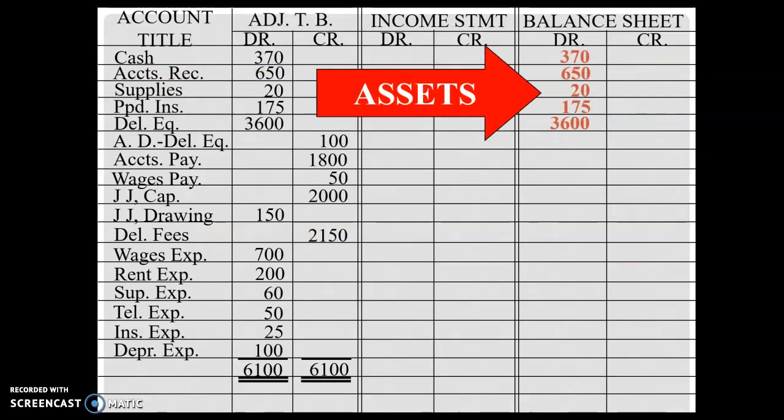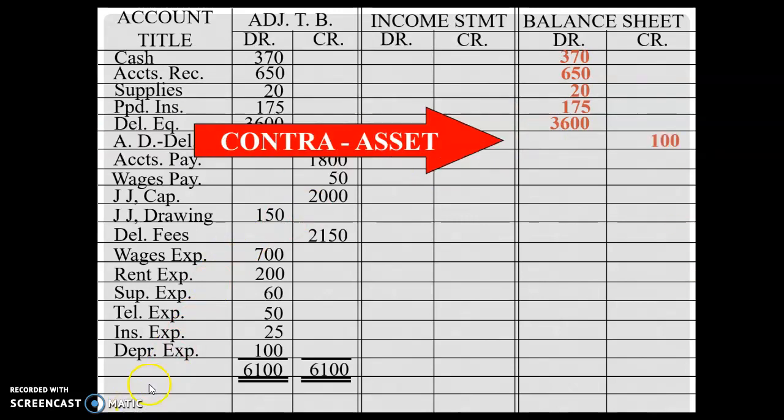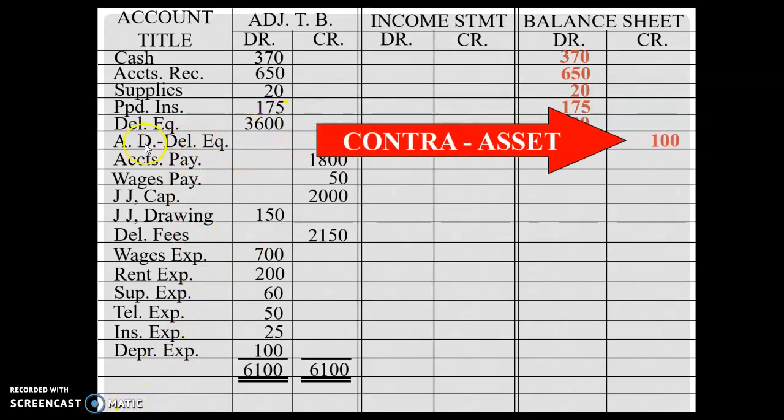So here's all our assets, and again the assets have a debit balance, and we're just copying them exactly the same way into the debit column of the balance sheet. Our next account is a contra asset. That's this accumulated depreciation of delivery equipment.